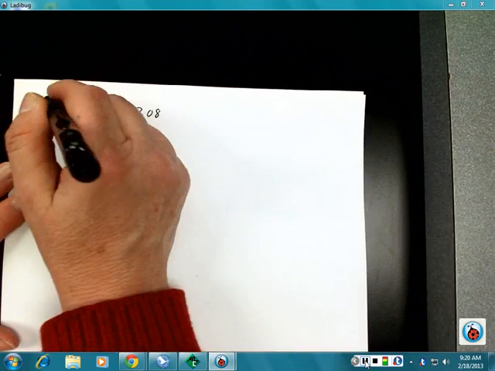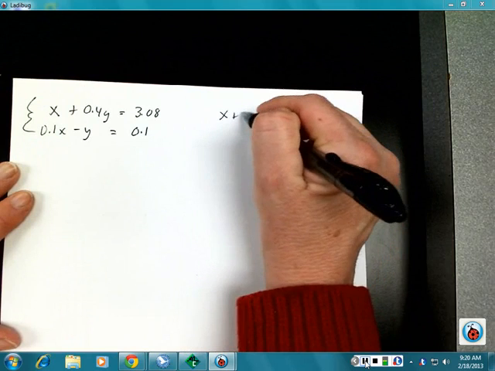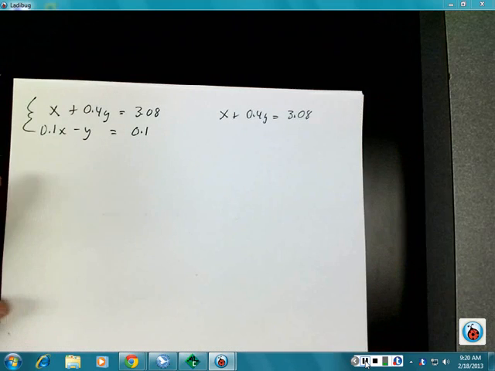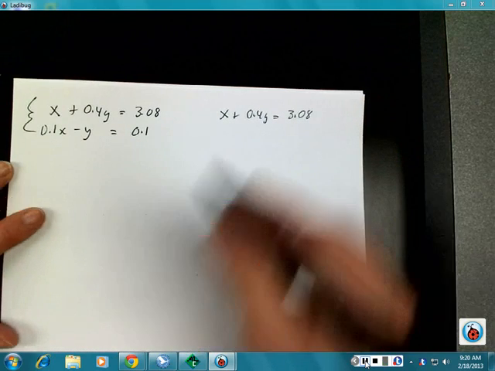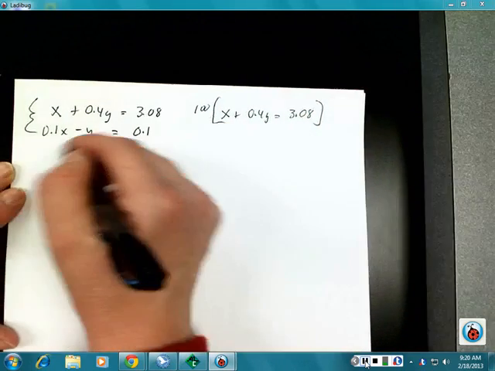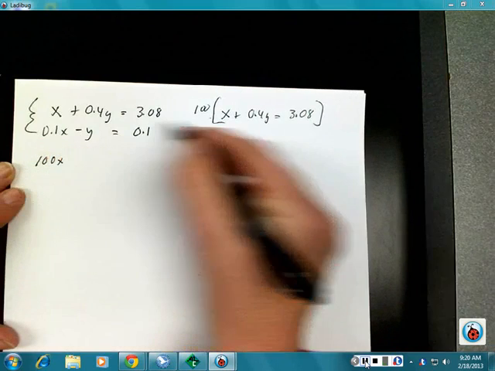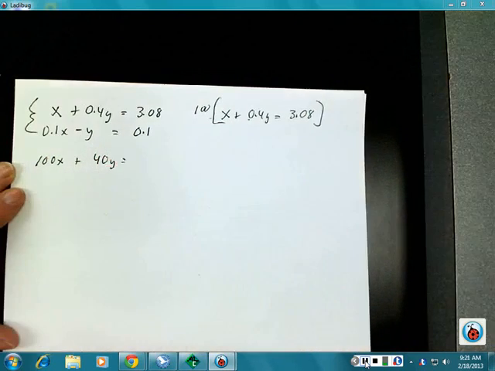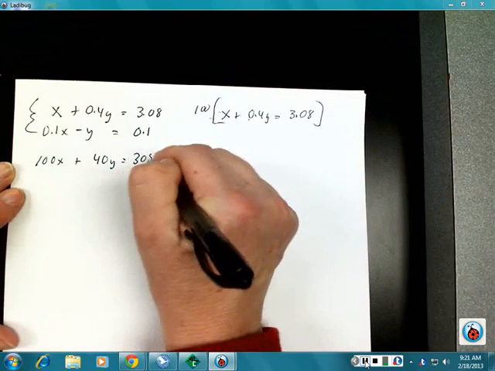So the first one, this x plus 0.4y equals 3.08. What would I have to multiply it by? 100. And that's going to leave me with 100x plus 4y, or 40y, sorry, equals 308. Okay.